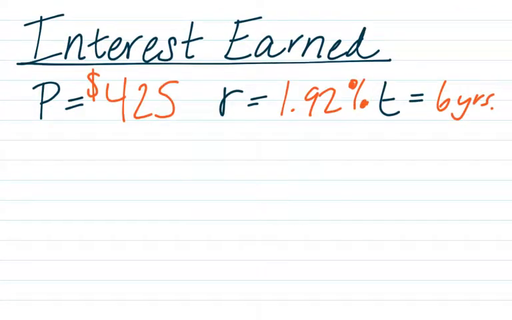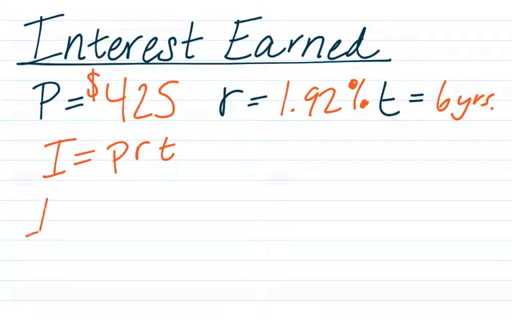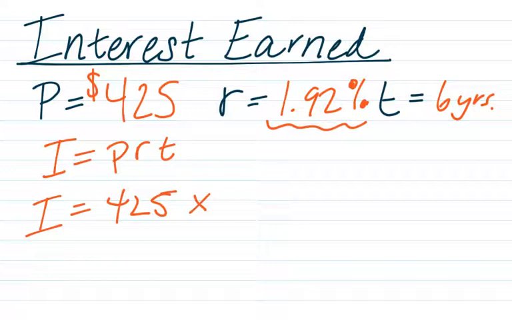So let's look at some examples. We're going to determine the amount of interest earned. So I equals PRT, which means principal times rate times time. To find the amount of interest, we take the principal, which is $425, times the rate written as a decimal. Remember, we have to divide that by 100, which gives us 0.0192.